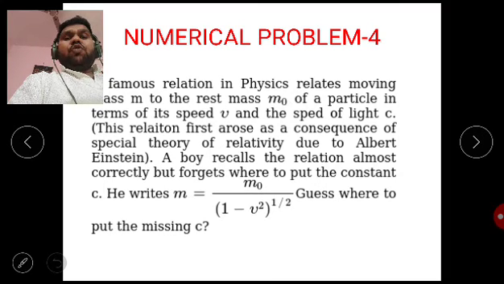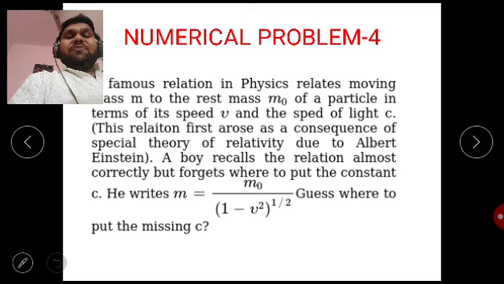So how are we going to do it? We know that, by the principle of homogeneity, the dimensions of LHS have to be equal to the dimensions of RHS. We are having mass on the left-hand side and mass on the right-hand side; already they are dimensionally correct. So we are having an extra (1 minus v²) to the power 1 by 2 in the denominator. How are we going to nullify its effect?